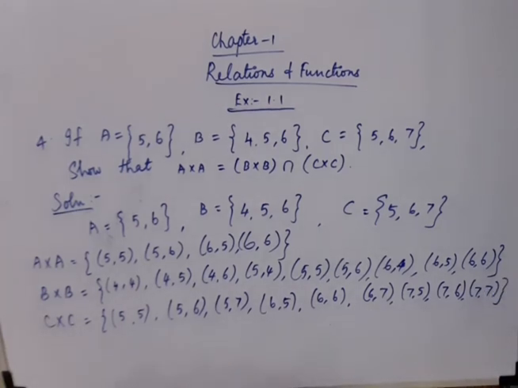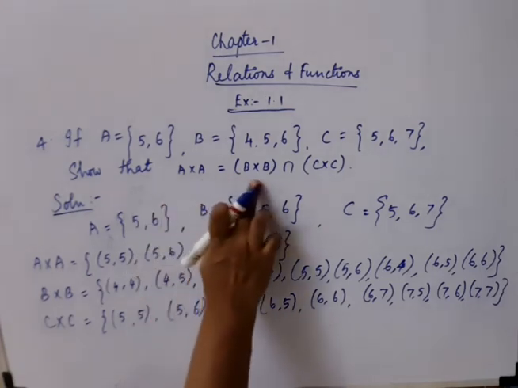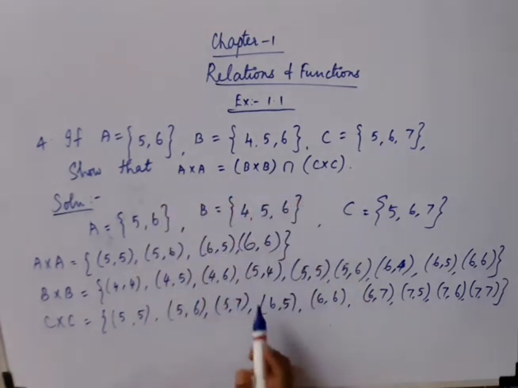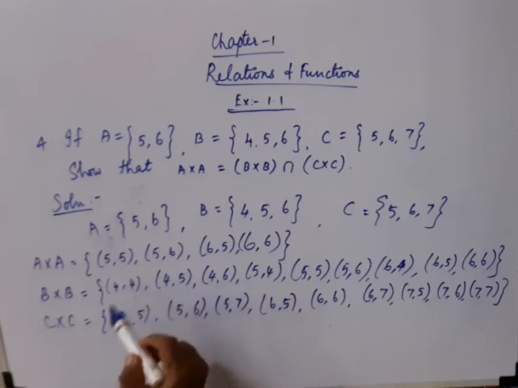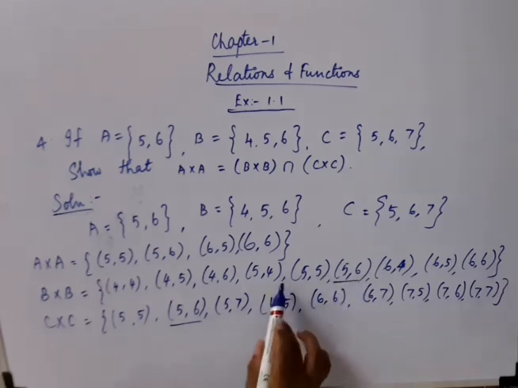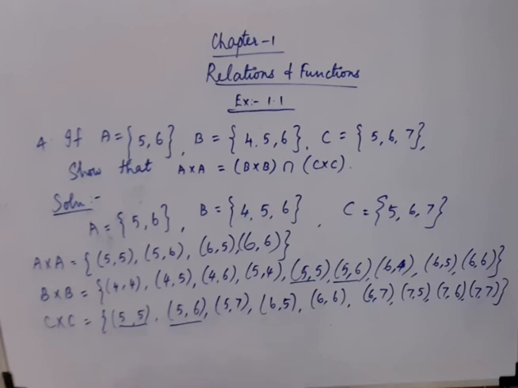You have to show that A cross A is equal to B cross B intersection C cross C. So look for the common pairs in B cross B and C cross C. We have (5,5), (5,6), (6,5) and (6,6).